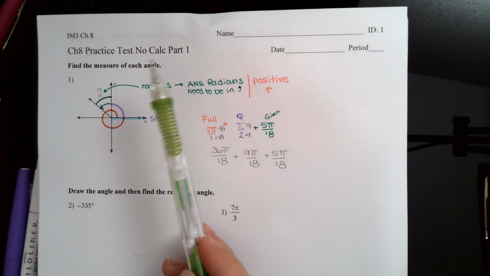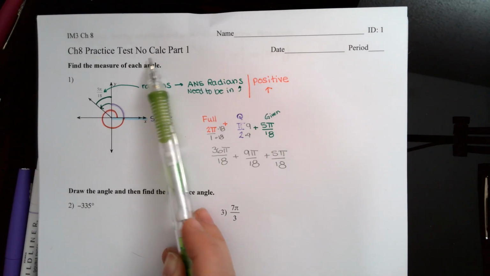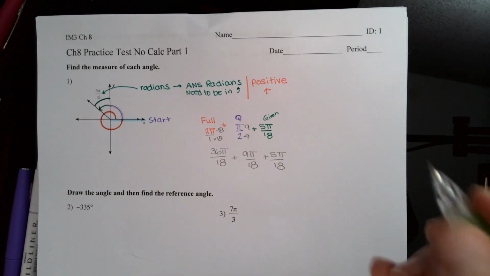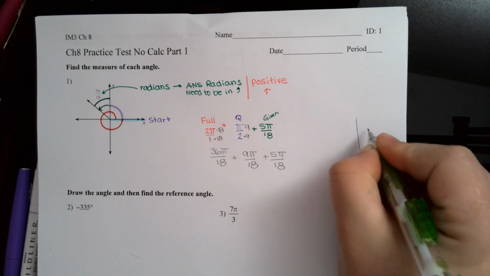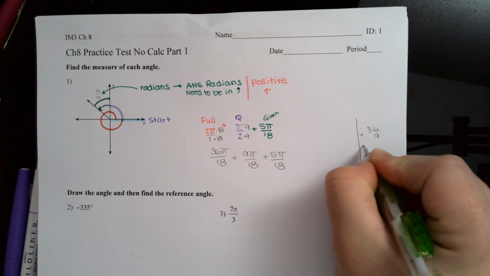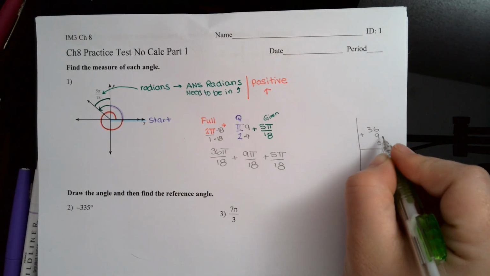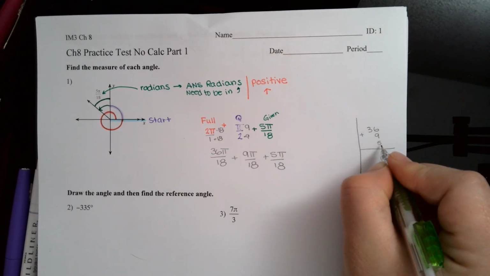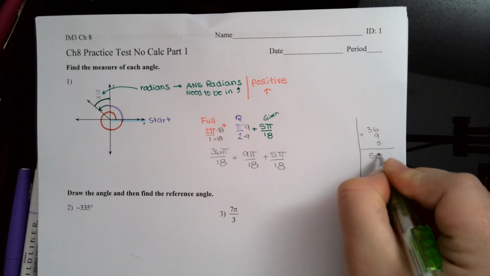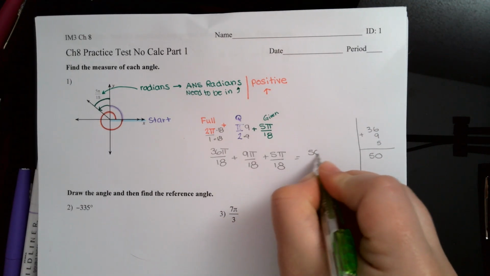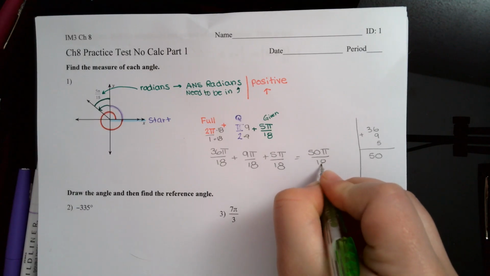Now I want to point out that this is a no calculator section. Okay, so you will not be having a calculator for this. So using your fingers to count is absolutely okay. Or you can do it kind of off to the side, vertically, 36 plus 9 and then plus 5. That's totally up to you. But we end up getting 50 pi 18ths.